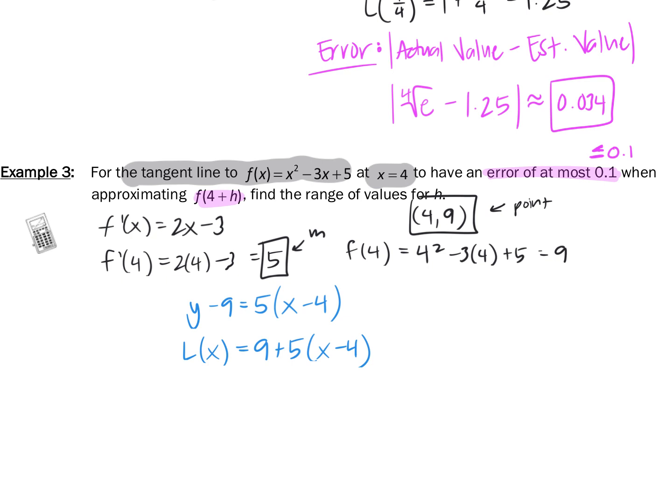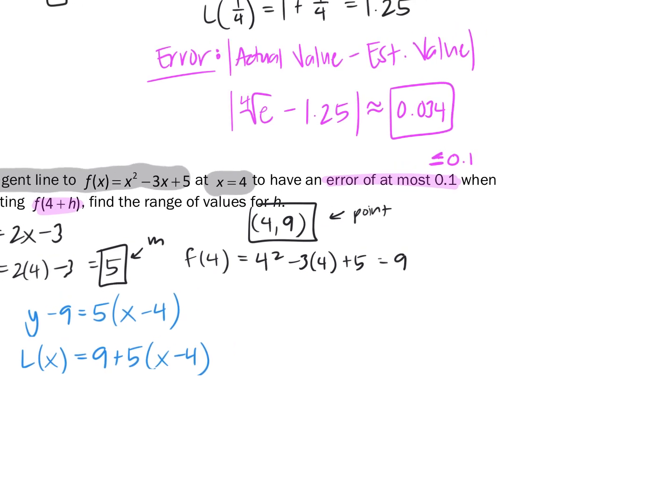So in order to do that, error, again, is your actual minus your approximation, right? So error, let's just write that out, not in highlighter though. Error is my actual minus my estimated or approximated.